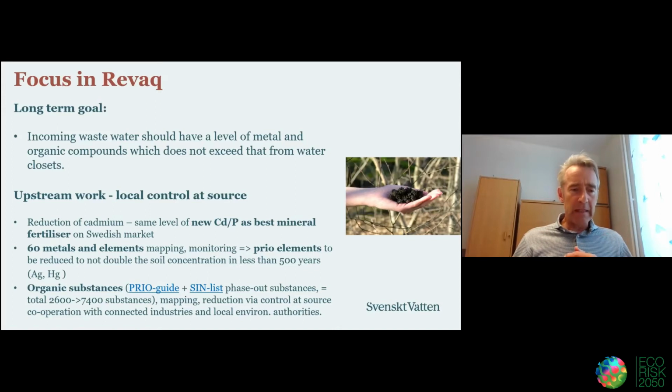They have to follow the lists of the Swedish Chemicals Agency PRIO guide and the ChemSec SIN list. And this is the first year when they have all the PFAS on board. So now there are 7,400 substances, and they are mapped and they have to be phased out for an industry to be able to still be connected to Reebok.